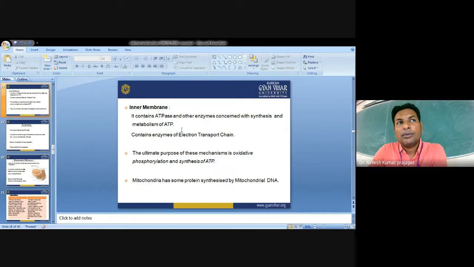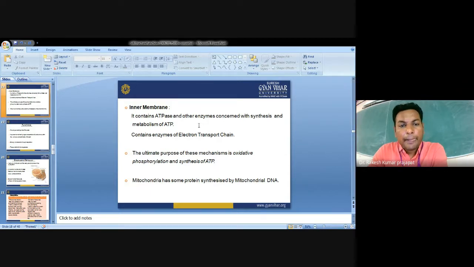All these proteins are involved in synthesizing ATP by oxidizing NADH and FADH2 which are produced in the cytosol, outside the mitochondria. They come into the mitochondria, get oxidized there, and release their electrons. Finally, the energy released from the oxidation of NADH and FADH2 gets stored in the mitochondrial inner membrane.